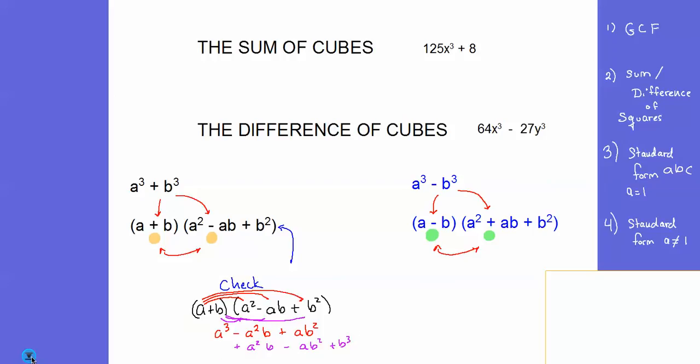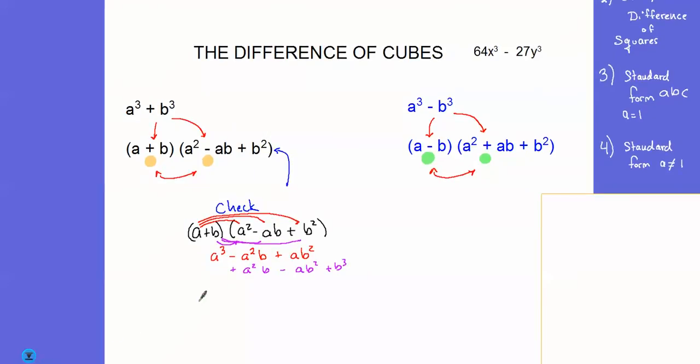Now I'm going to get myself more paper here. Notice how I stack the two trinomials in a way that I can combine like terms. This a squared b column actually cancels out to make 0. You have negative 1, you have positive 1.